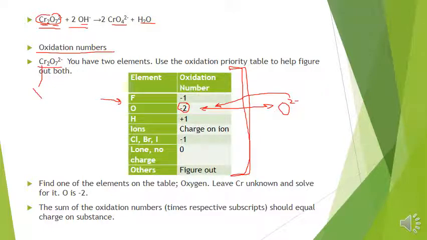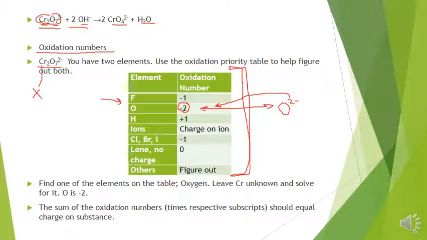So what I'm going to do is make chromium X, their oxidation number for chromium X, and oxygen is -2. Okay, so find one of the elements on the table, the highest one, oxygen, and leave the chromium unknown and solve for it. So oxygen is -2. And the other thing is the sum of the oxidation numbers times their respective subscripts should equal the charge on a substance.